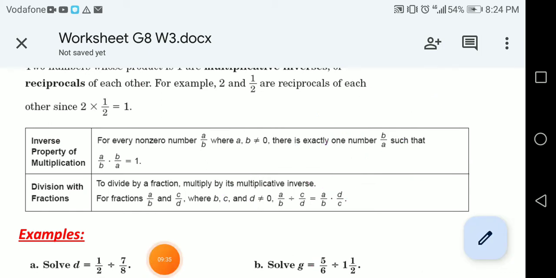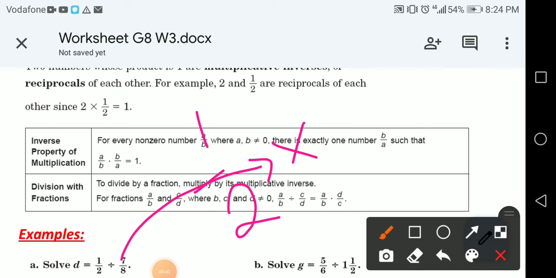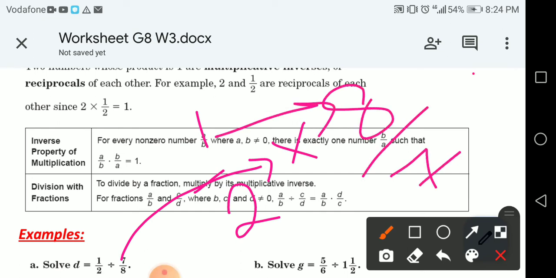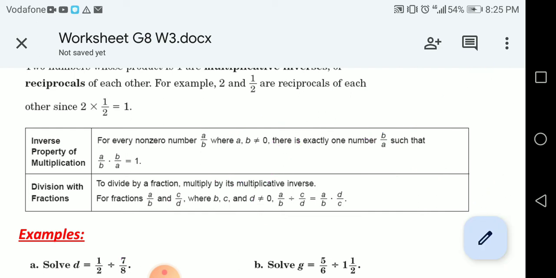I mean that the half will be half, then multiply, and instead of 7 over 8 it will be 8 sevenths. Then I will multiply 1 times 8, 8, 2 times 7, 14. Leave it like this or simplify. Simplify means divide by the common factor, divided by 2 gives me 8 divided by 2, 4, 14 divided by 2, 7. So it will be 4 sevenths.